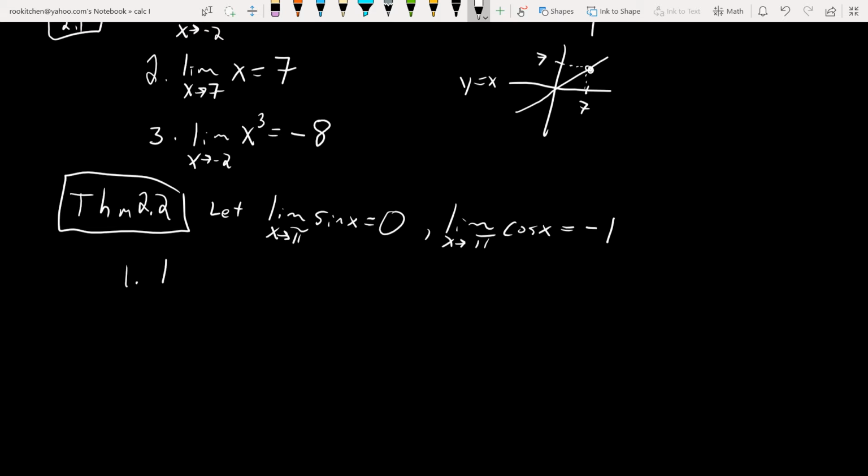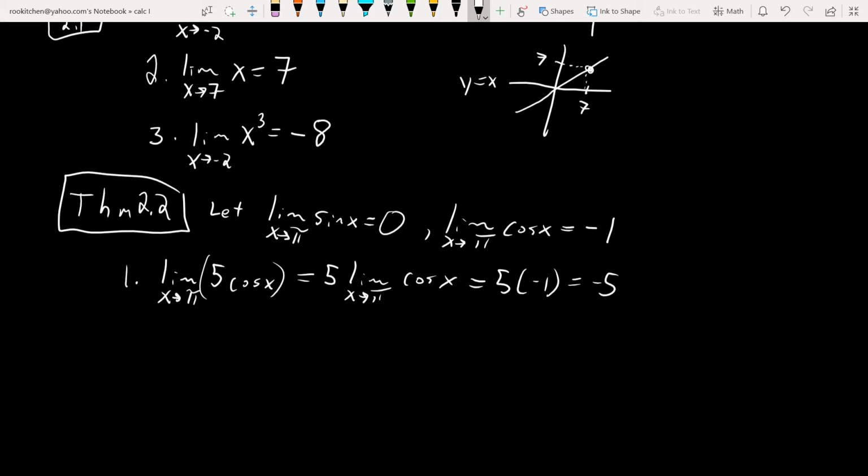First off, if you have a constant inside the limit, you can factor that constant out of the limit. So if you have the limit of 5 times cosine x, you can pull the 5 out of the limit. The limit of cosine x is just -1, so that limit would be -5.